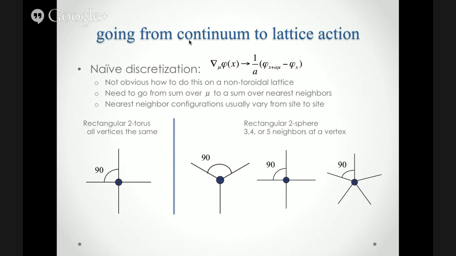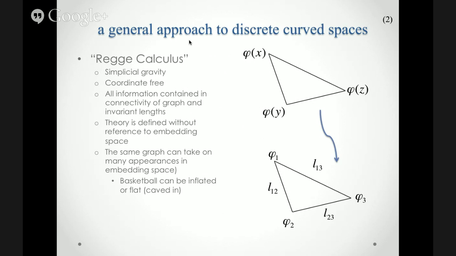And you want to go to something like a sum over nearest neighbors. Well, if you're on a 2 torus, then that's easy because you always have the same neighbor structure at each vertex. But if you're on, for example, a rectangular 2 sphere, then you have some vertices with 3 neighbors, some with 4, some with 5. So how do you write your action? How do you change the sum over mu to a sum over neighbors? You have to think about it a little bit. So this general approach to doing this kind of thing is called Regge calculus.